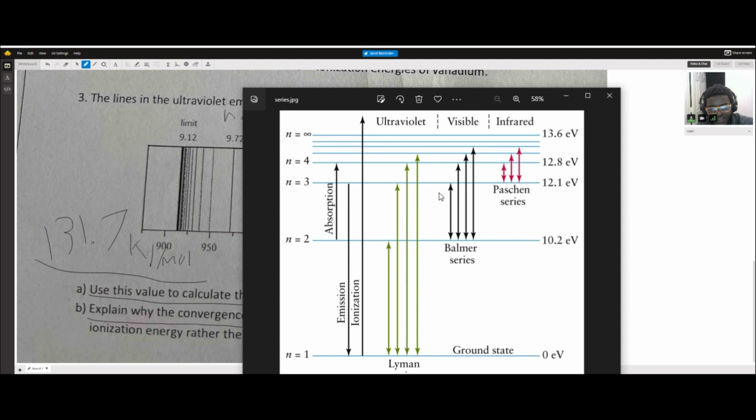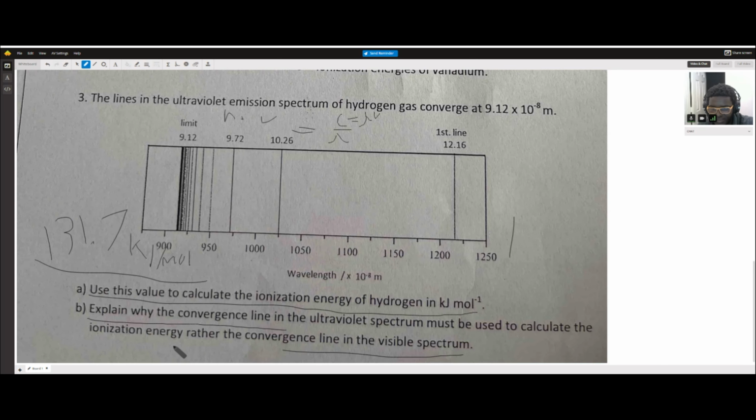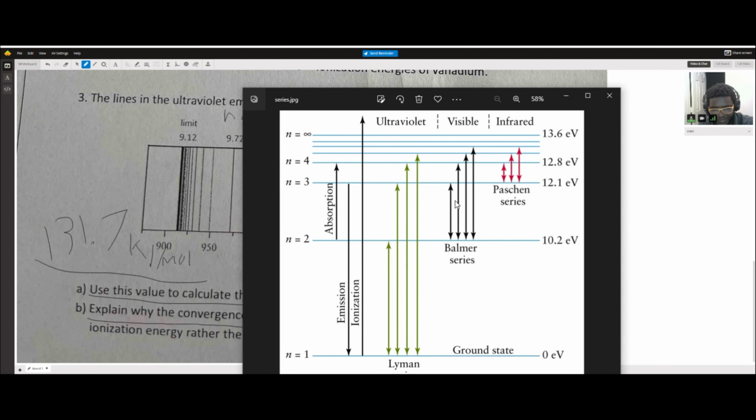If you use the visible spectrum, you wouldn't be able to see the convergence line at all, because it's in the ultraviolet spectrum. So the reason we use the UV spectrum to calculate the ionization energy rather than the visible is that you literally can't see it in the visible spectrum. The convergence line would be outside of the visible spectrum, and that's it.